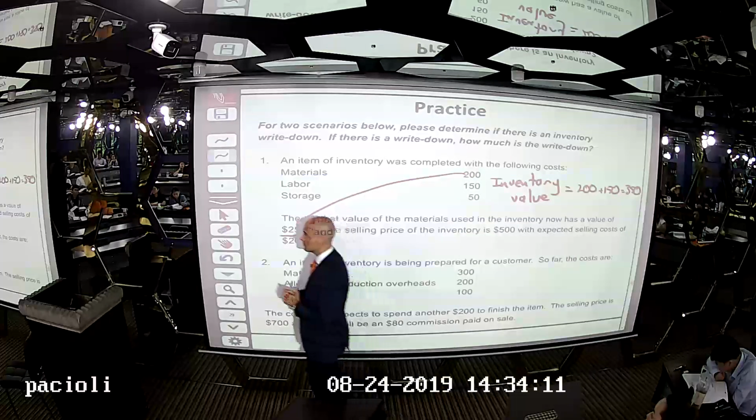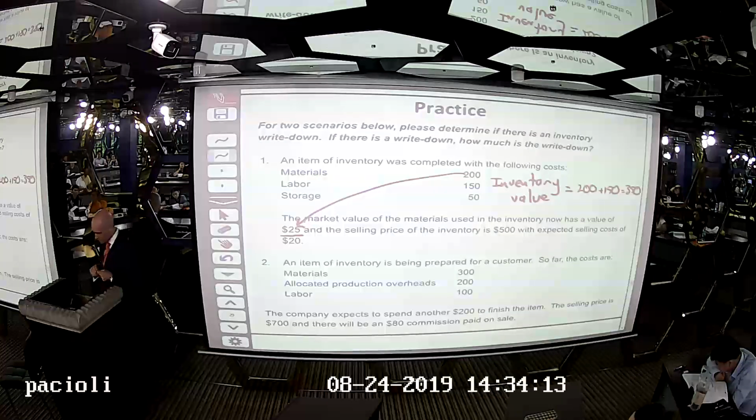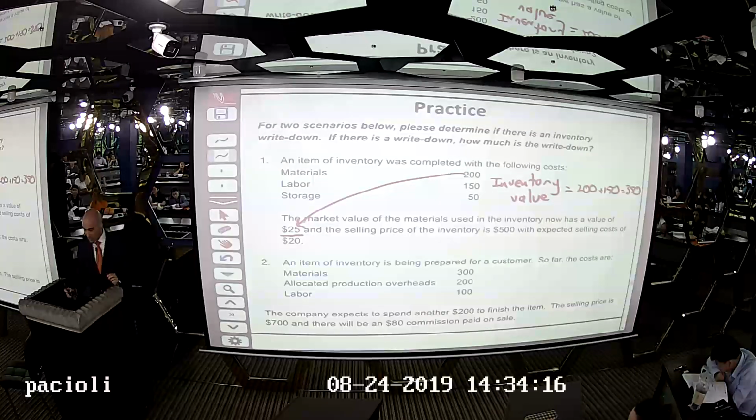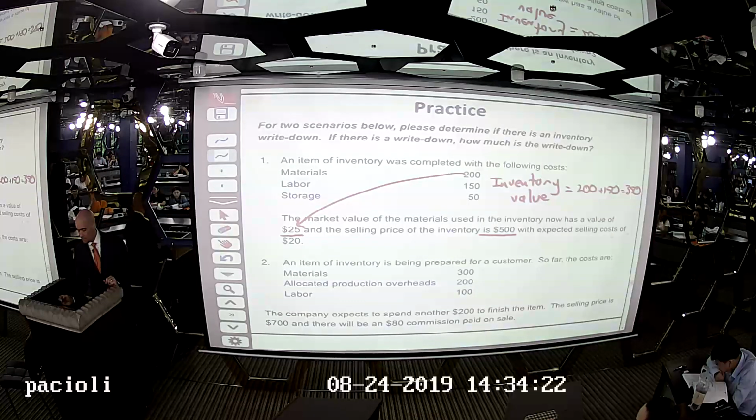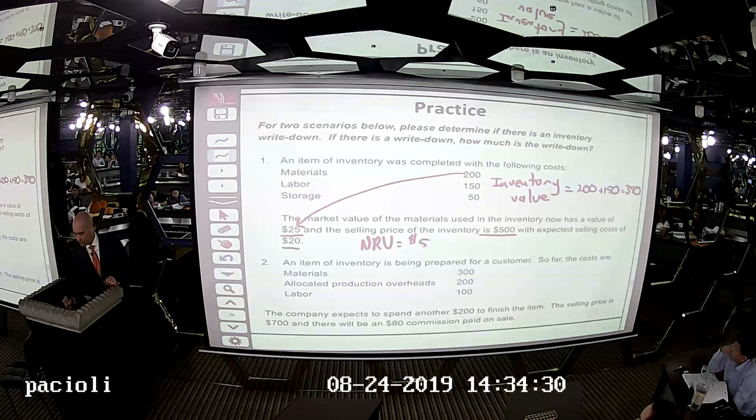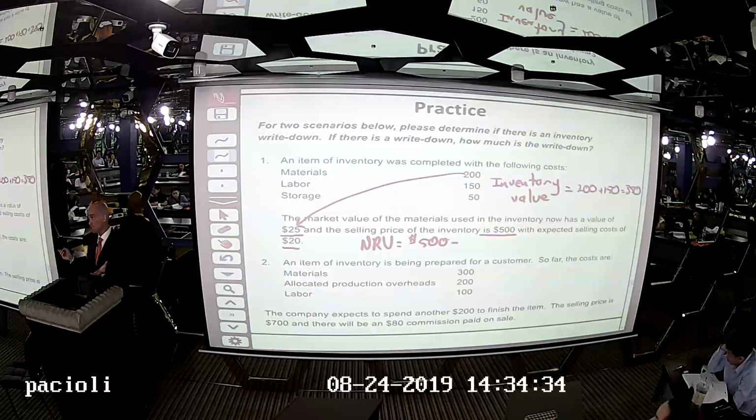It says that the selling price of the inventory is $500 with expected selling cost of $20. So the net realizable value is going to be the selling price minus, is there a cost to complete mentioned?